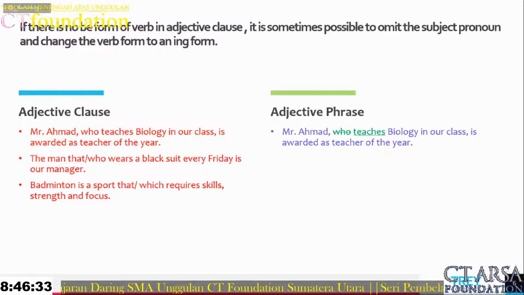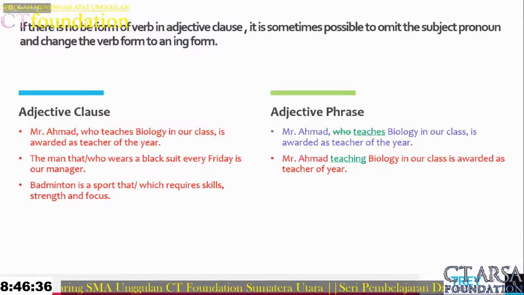So it becomes like this. Mr. Ahmad, who teaches: we drop "who," we take out "who," and then "teach" we turn into the ing form. So it becomes: Mr. Ahmad, teaching biology in our class, is awarded as teacher of the year.